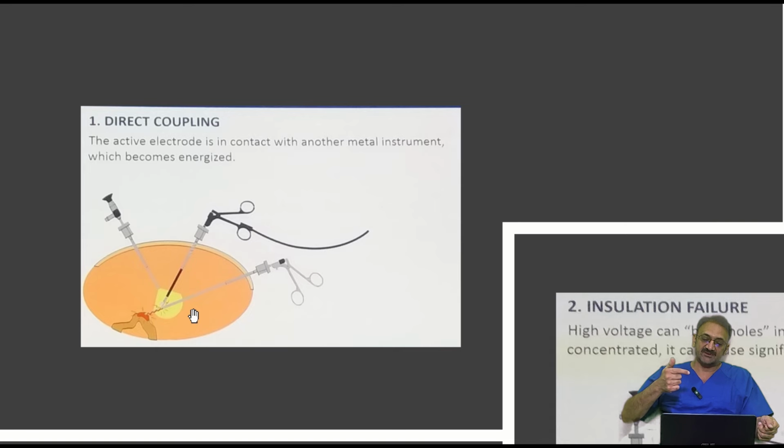Your instrument, which may be a scissor, a dissector, a hook or a spatula, is indirectly touching that instrument, and that instrument is conducting the electricity, and that can lead to thermal injury. This is called direct coupling.